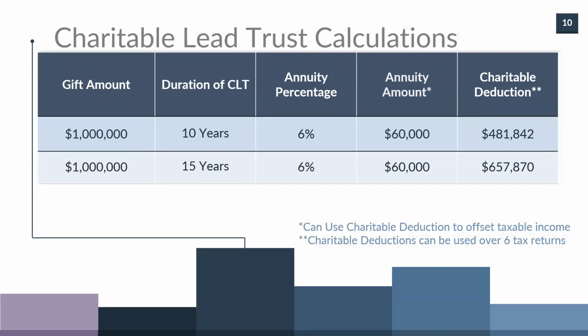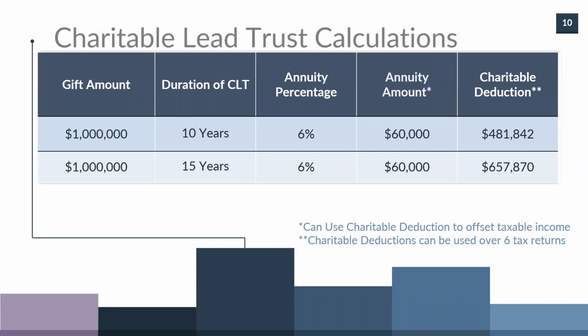So the higher the annuity percentage, the bigger our deduction. If we put $1 million in for 10 years at a 6% annuity, that's going to give our client a $481,000 tax deduction that they can use now, and they can roll it over for an additional 5 years. So that creates 6 tax returns that they can use up that charitable deduction.